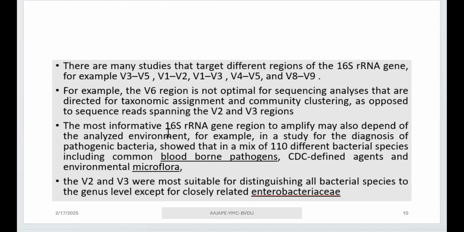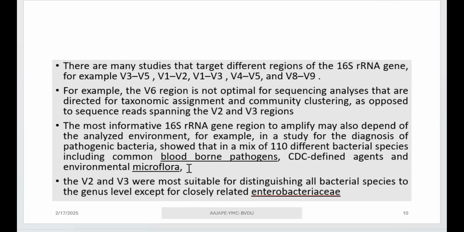Right? The most informative 16S rRNA region to amplify may also depend on the analyzed environment. That is very important. So a study for diagnosis of pathogenic bacteria, for example, has shown that in a mixture of 110 different bacterial species, including common bloodborne pathogens, CDC defined agents, and environmental microflora.